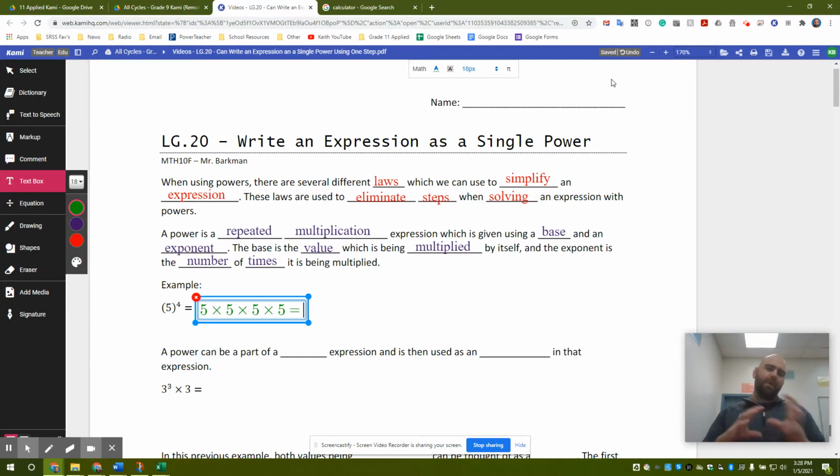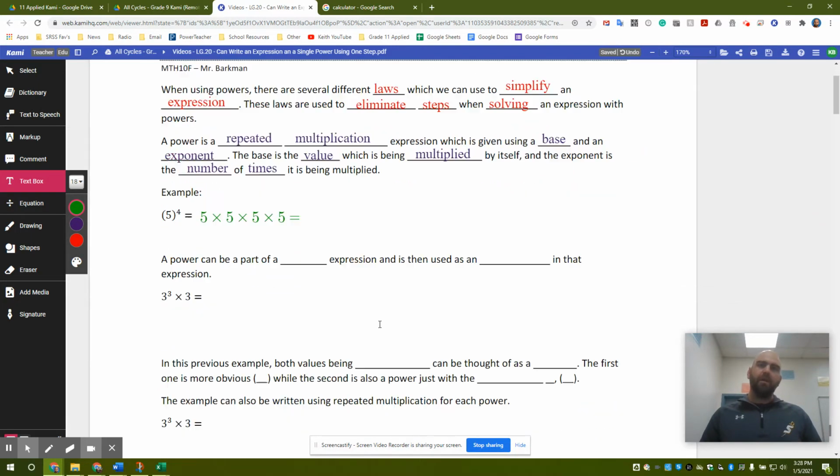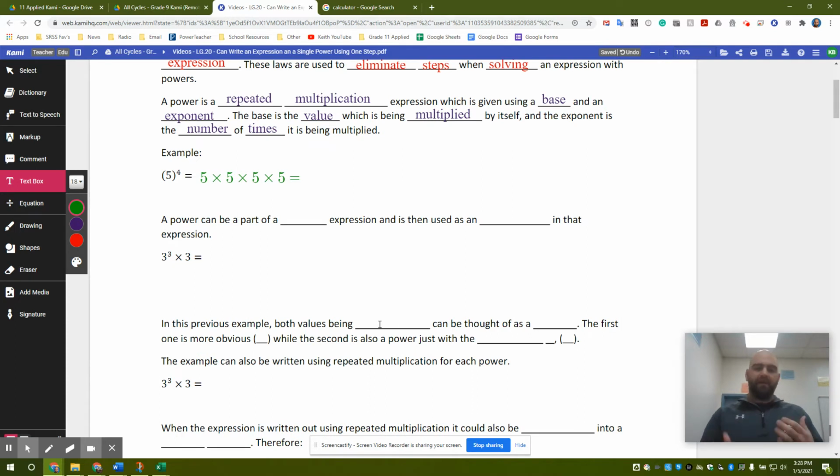We can also use this to solve. 5 times 5 is 25, times 5 is 125, times another 5 would be 625. Quick little mental math there. This is a way of determining what the answer, or the standard form, is going to be.